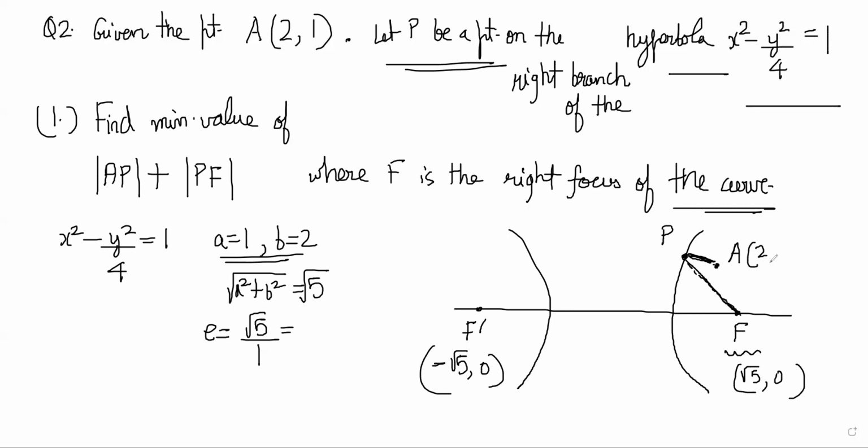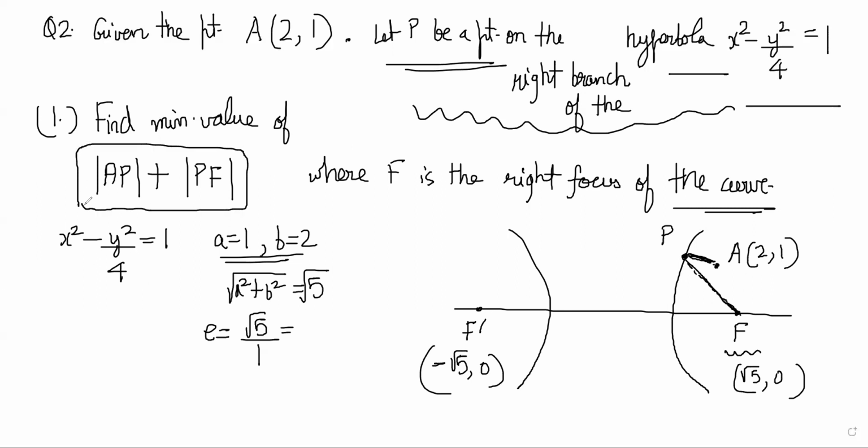And A is the point 2 comma 1, and P is any point on the right branch of the hyperbola, right? So if I want to find the minimum value of this, I can do triangle inequality here, right? How triangle inequality?